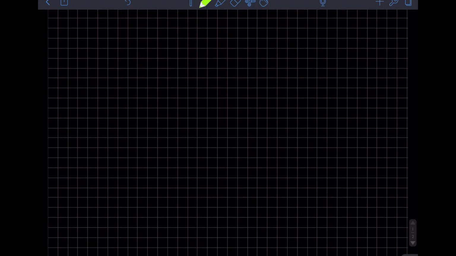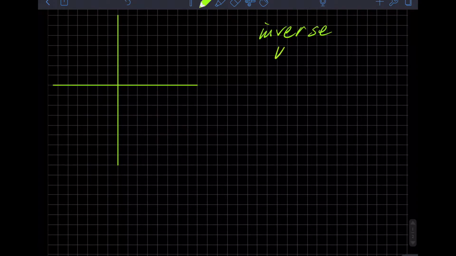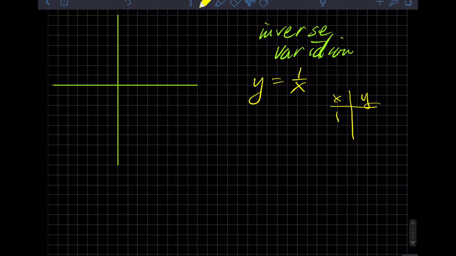As compared to inverse variation, where I have two variables, let's say y equals 1 over x. As I put in an x value, let's say 1, out comes a y value of 1.